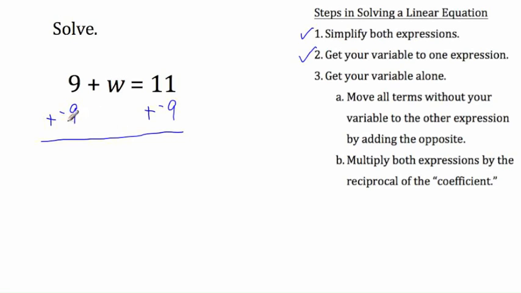When we do that, 9 plus negative 9 is 0, and then I bring down my w here. 11 plus negative 9 is 2. I've got my variable alone. w is all by itself in one expression, so I've found the solution set to this linear equation. w equals the set consisting of 2. I've found the solution set, so I've solved this linear equation.